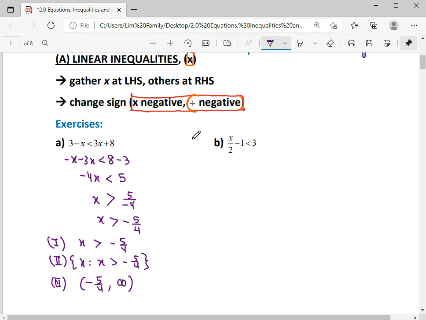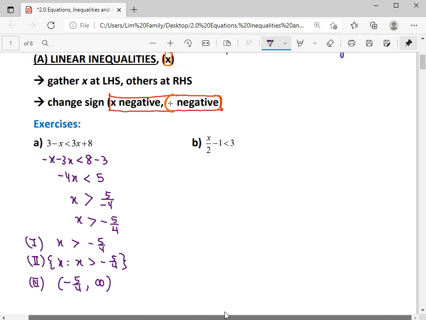So this is how we answer. We have three kinds of answer, and this is how we solve linear inequalities. When we say solve, it means we are finding the x. So for linear, we simply gather the x to the left hand side and the values to the right hand side, and that's how we simplify.